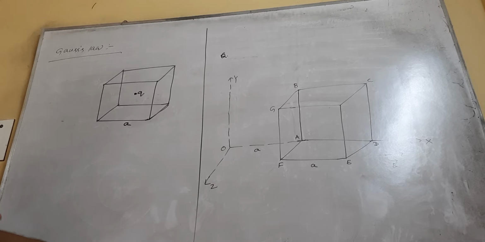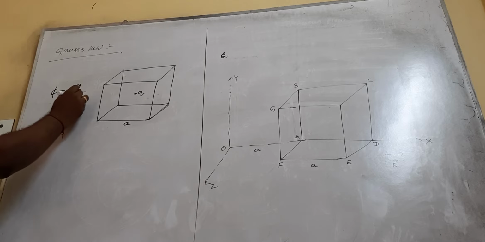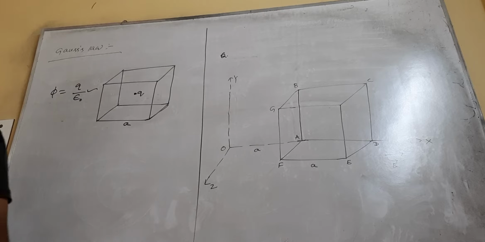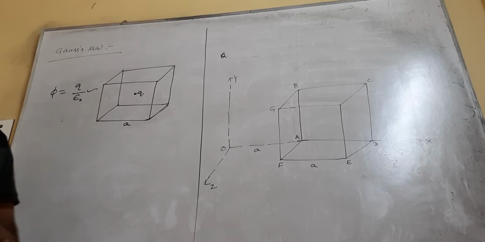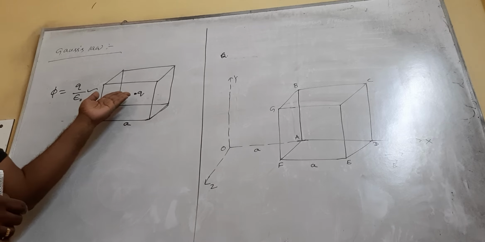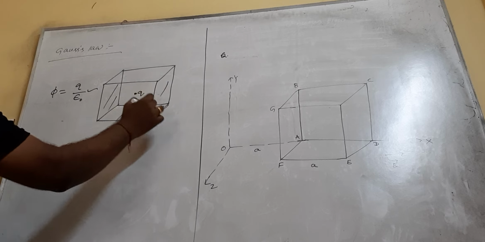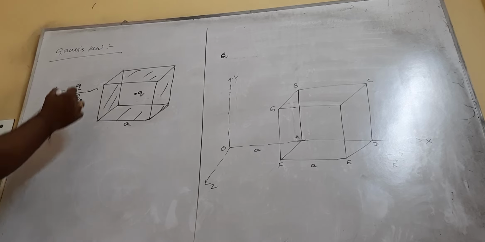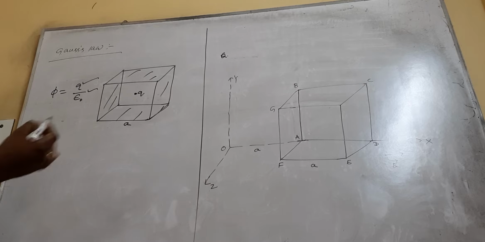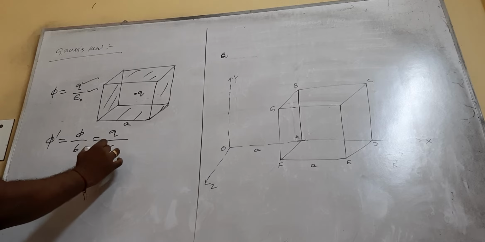The net electric flux, very simple, by applying Gauss law, is phi equal to q by epsilon 0. Now, a cube has 6 faces, and as the charge is at the center, all 6 faces are symmetrical with respect to the charge q. So for 6 faces, the electric flux is q by epsilon 0. For one face, it is 1 by 6, that is q by 6 epsilon 0.